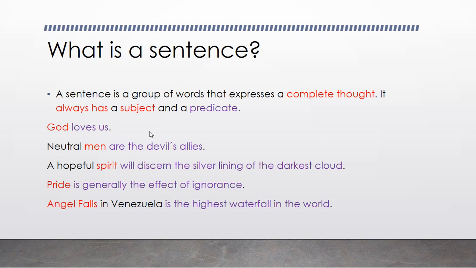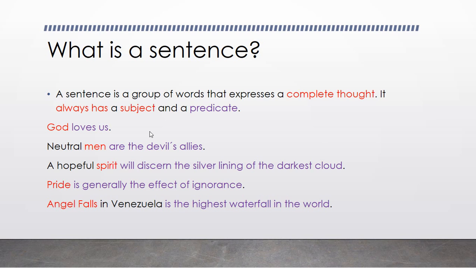Now, neutral men are the devil's allies. The subject there is men, and the predicate is the devil's allies. Then we have, a hopeful spirit will discern the silver lining of the darkest cloud.